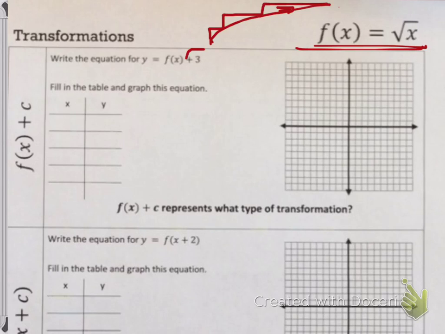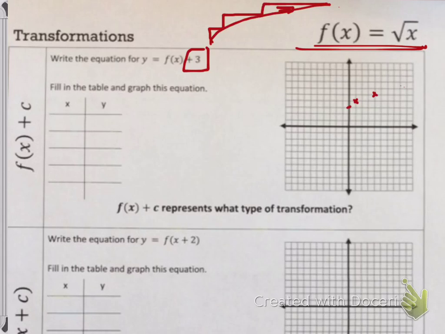So if I have a number added behind my function, that's telling me to move my graph up or down. The plus 3 tells me to start my graph not at 0, 0, but to start my graph up at 3 instead. So I'm going to start my graph right here, and I'm going to follow my pattern. I'm going to go up 1 and over 1, up 1 and over 3, and then up 1 and over 5.